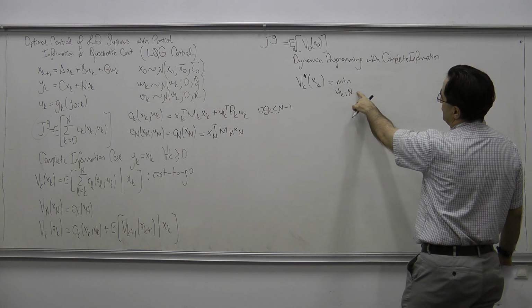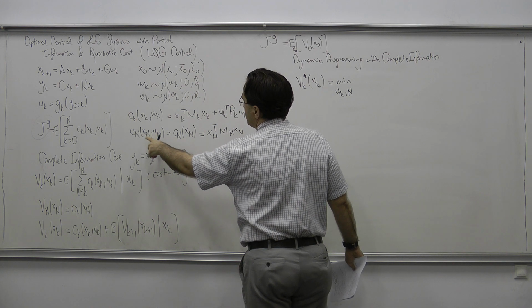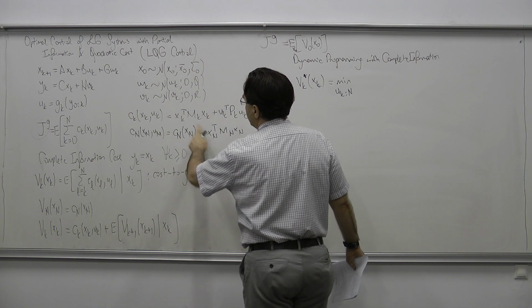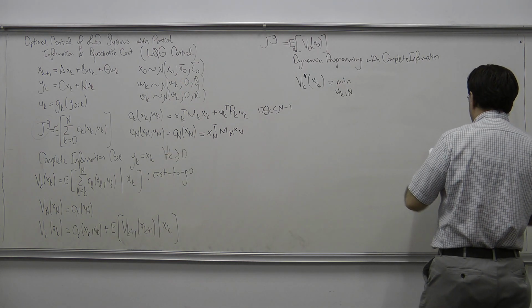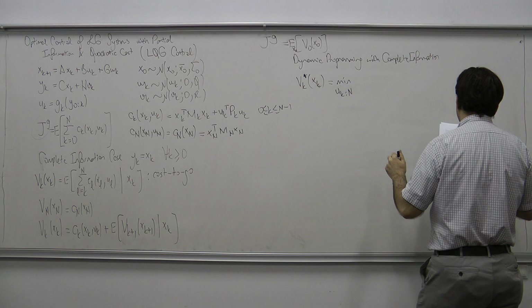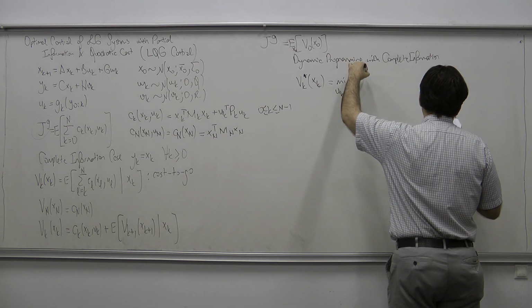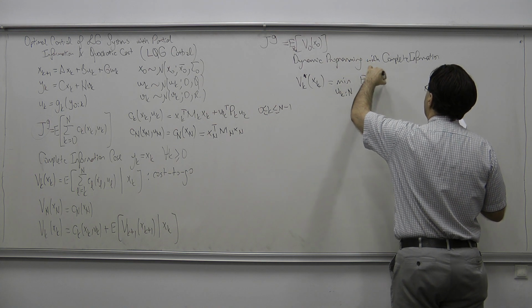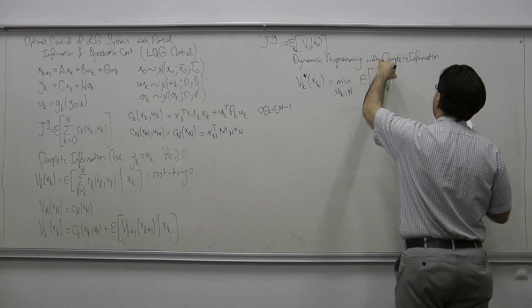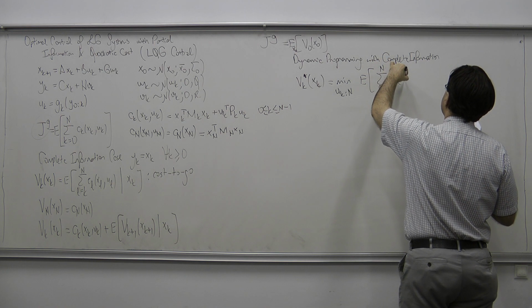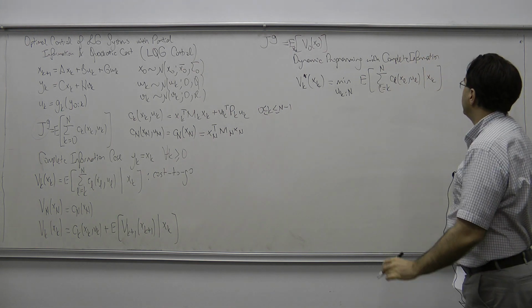Of course, I can write here uk to n minus 1 because the cost function will not be dependent on un if I define cn like this, but still it is the optimization with respect to uk to n in general, and I minimize the cost to go at time k. So I have the sum over L equals k to n of CL of XL, UL, given XK. Okay?